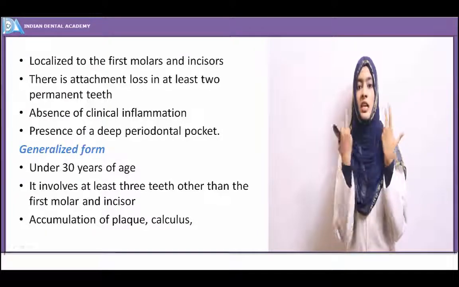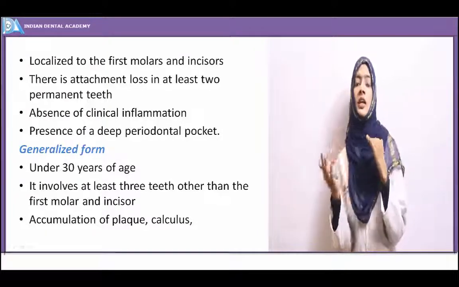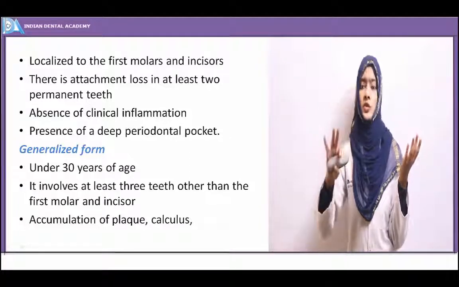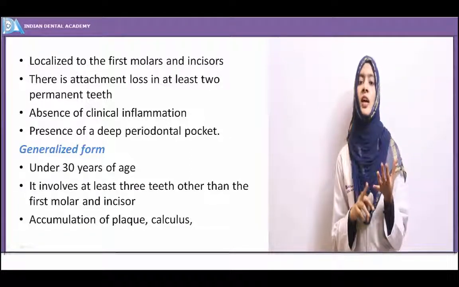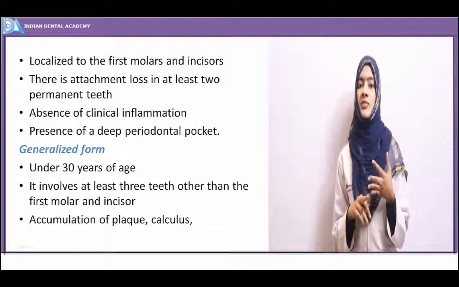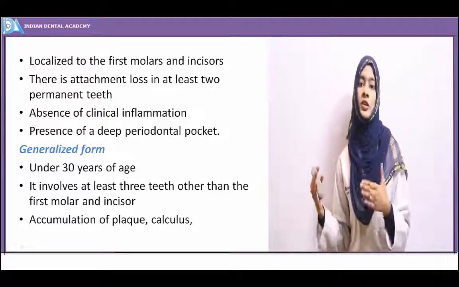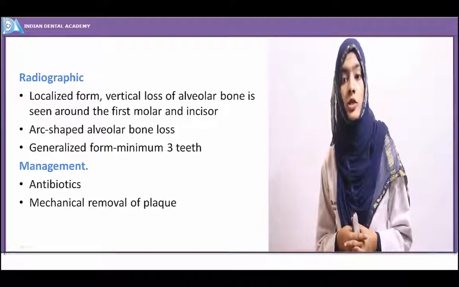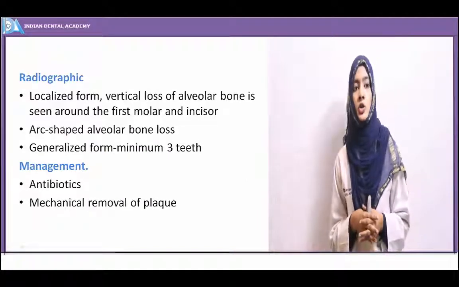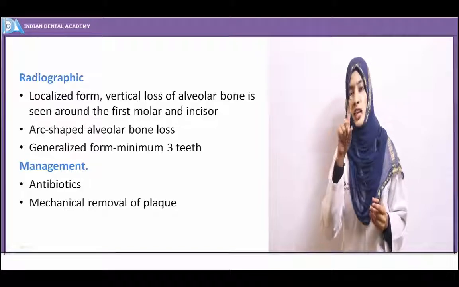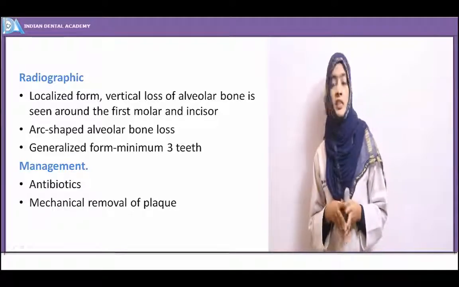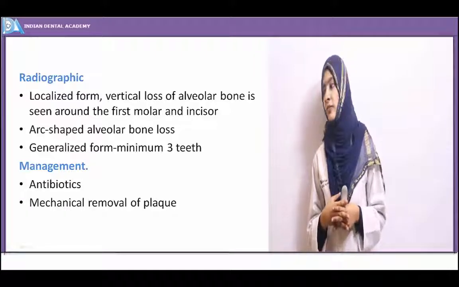Because it involves more than three teeth and pocket formation, there will be deposition of food debris, and accumulation of plaque and calculus occurs invariably, leading to further progression of inflammation. In the radiologic picture, the localized form shows arch-shaped bone loss confined to the incisors and molars, which is a vertical loss of alveolar bone.